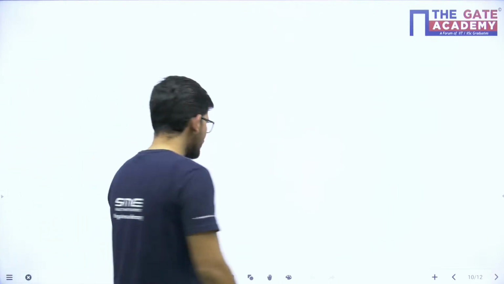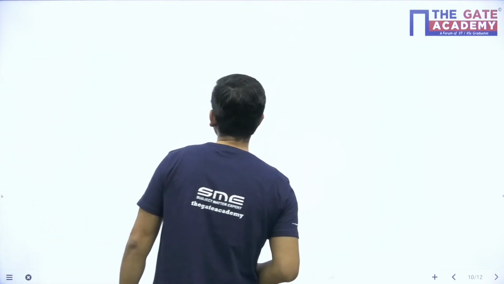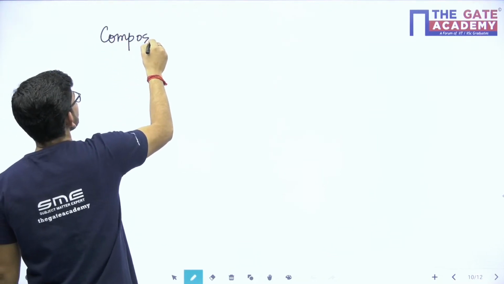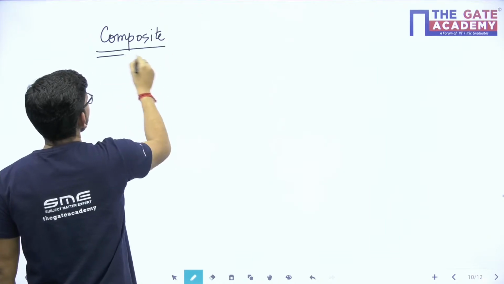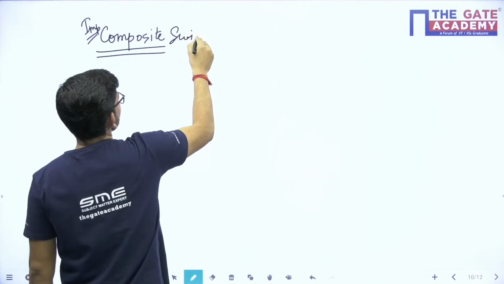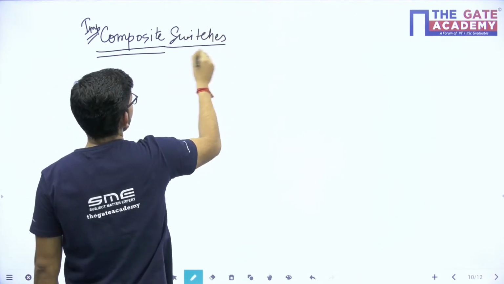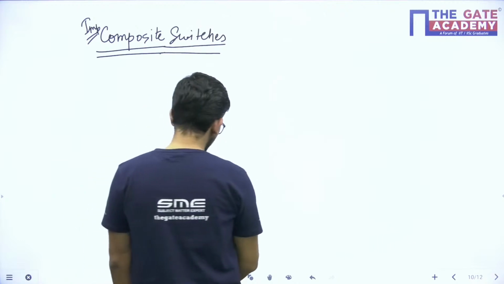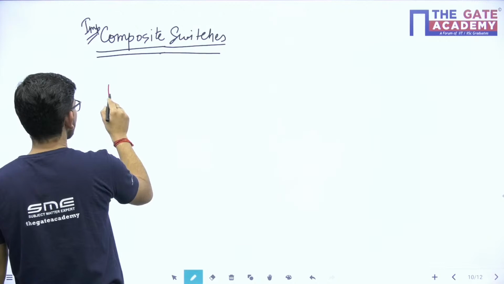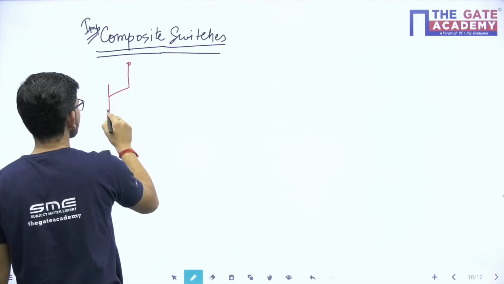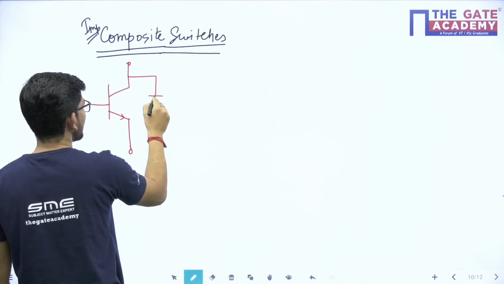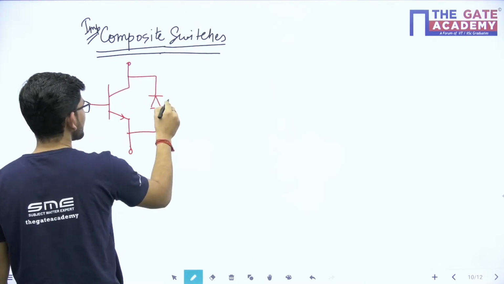Now let us talk about composite switches. What will happen if two switches are combined? This is very important because this is a very pet topic of GATE exam. If we have two or more switches, suppose I have this particular switch, a transistor, and a diode in parallel with the transistor.